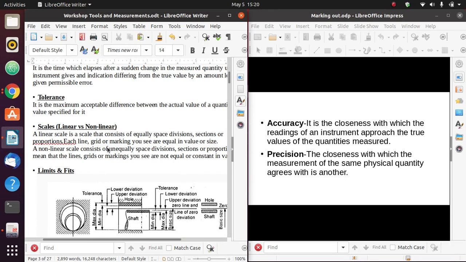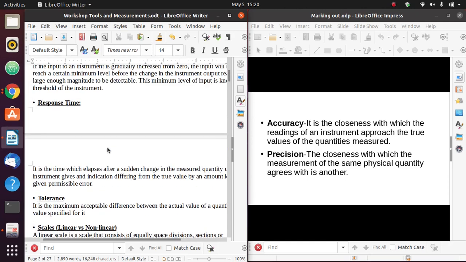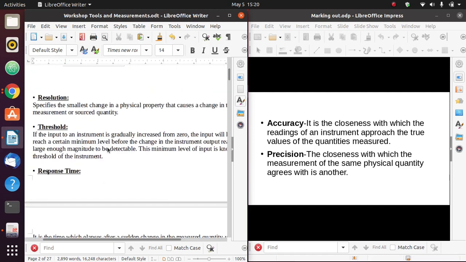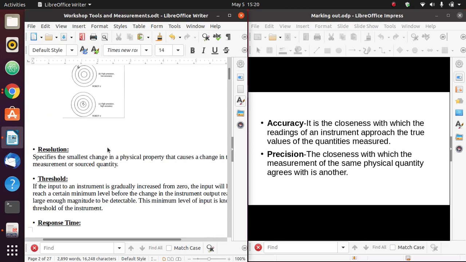Precision now is how close those measurements are to each other. For example, when I measure a quantity, let's say we are playing darts, when I throw the darts, how close those darts will be to each other is what will determine how precise I am.